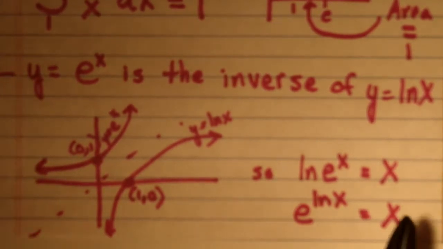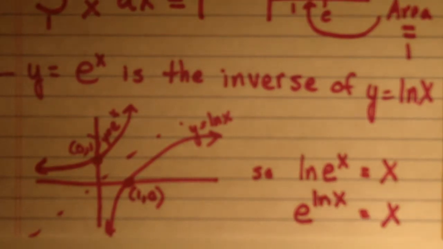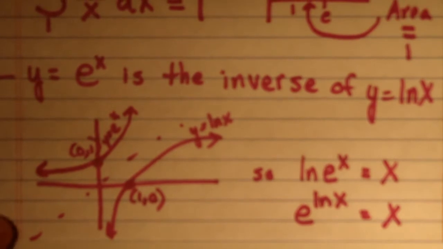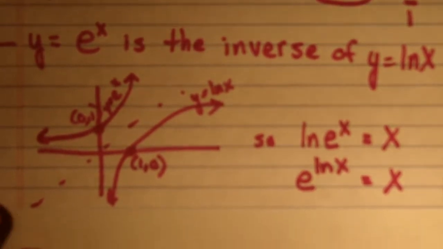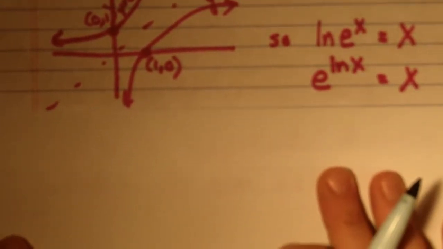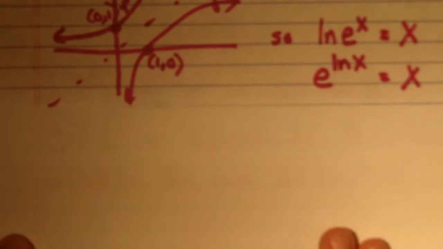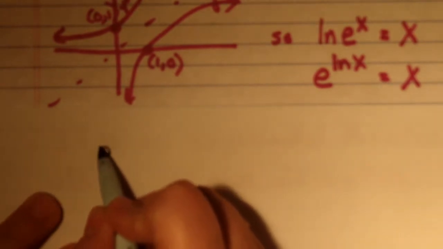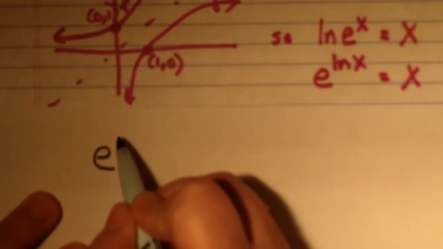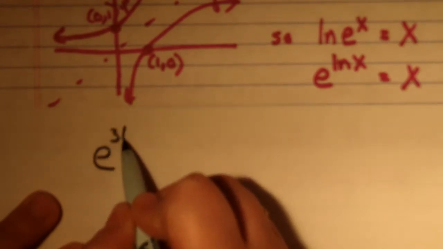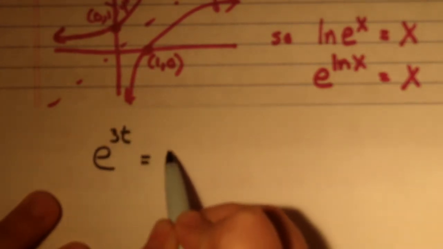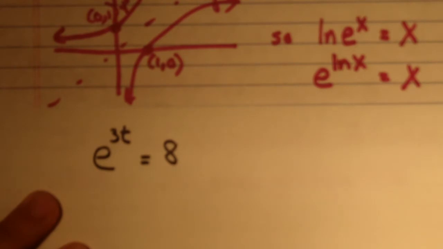Other things that we should be able to do are use e and natural log to solve equations when the need arises. Say we wanted to solve this equation for t: e to the 3t equals 8.